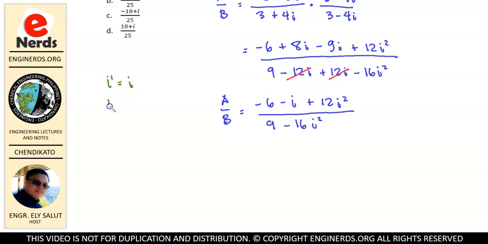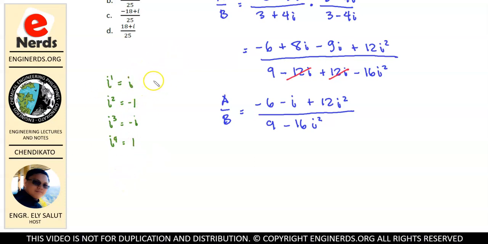Okay, so i squared is equal to negative 1. i cubed is equal to negative i. And then for i to the 4th, this is equal to positive 1.